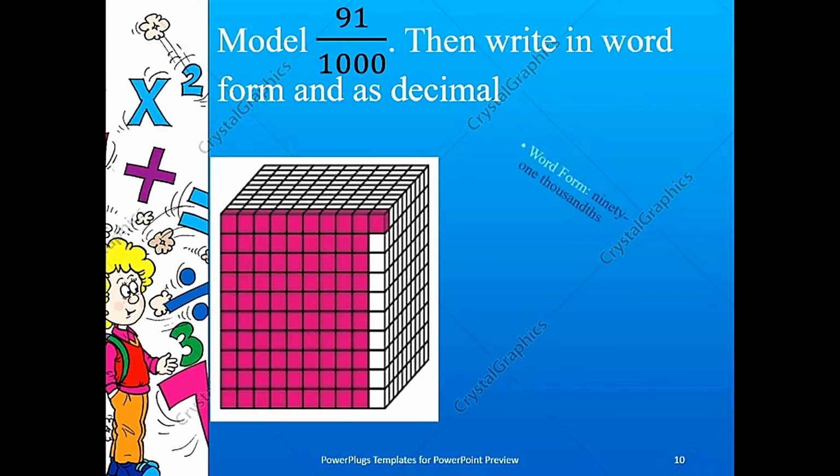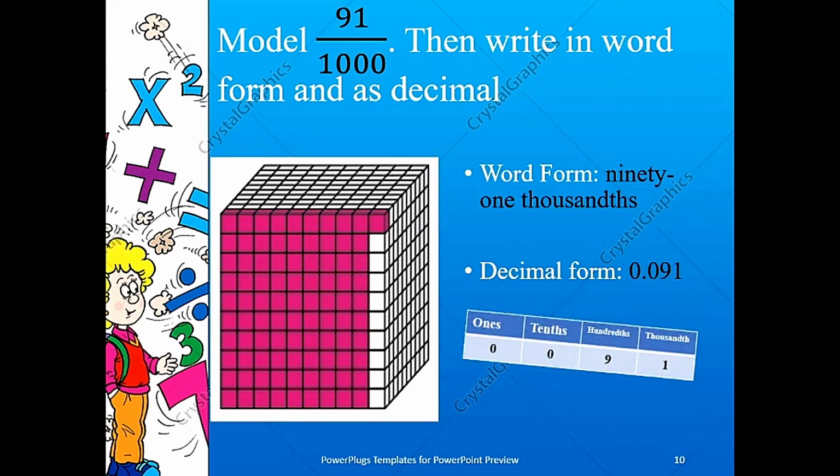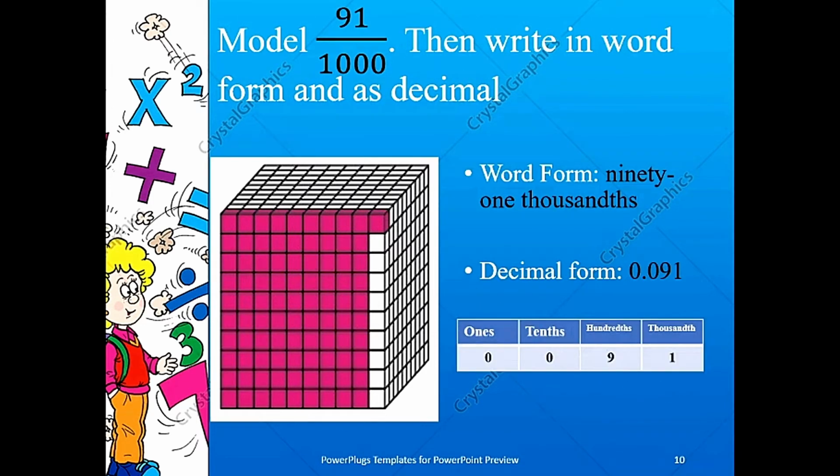The word form is 91 thousandths. In decimal form, it is 0.091. In the place value chart, ones 0, decimal point, tenths place 0, hundredths place 9, and our thousandths place is 1.